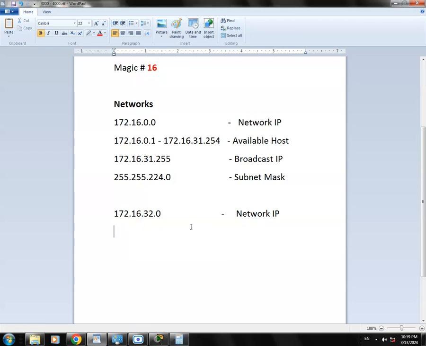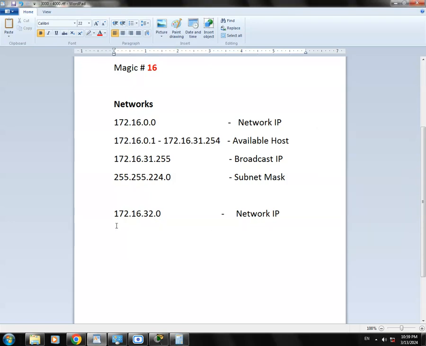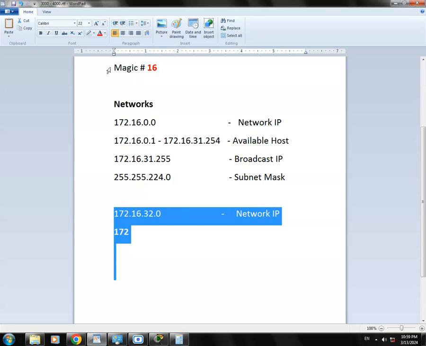So it's going to be 32 plus 16. Let's pretend that we don't know. 32 plus 16 is 48, of course.